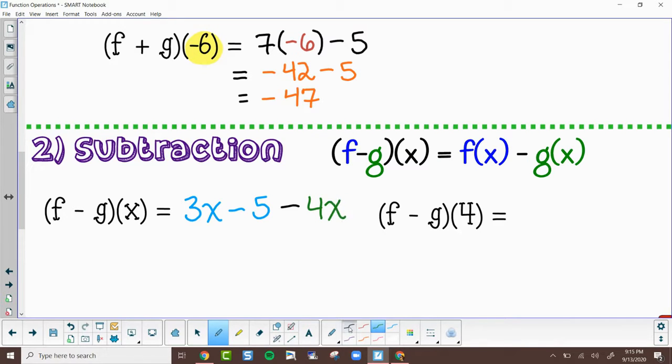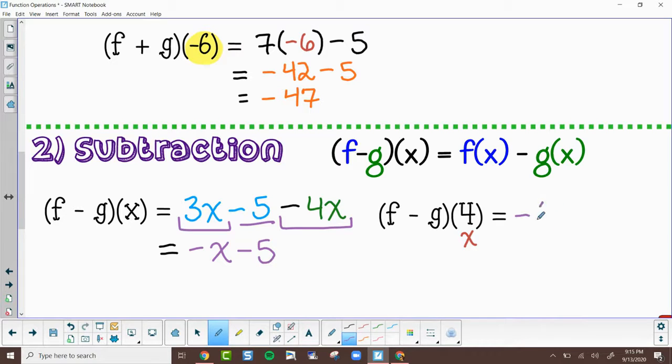Again, I need to be sure that I simplify as much as I possibly can. So I've got 3x minus 4x, so I have -x and then the minus 5 underneath. Final answer.